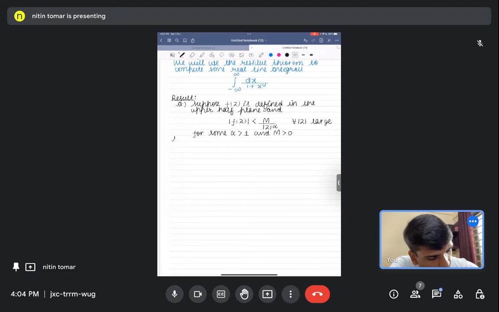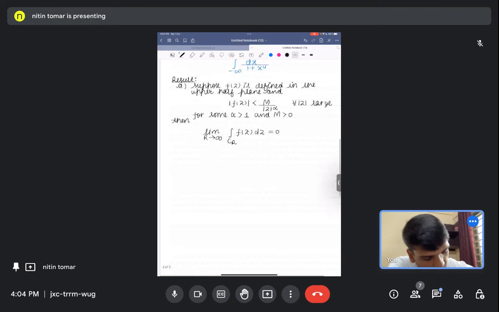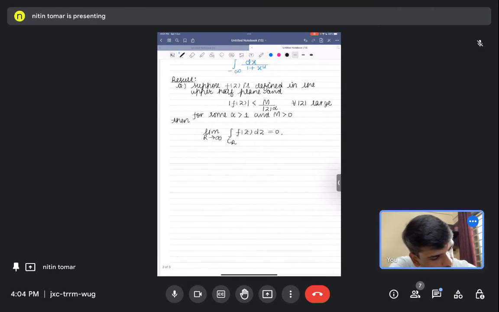Then the limit as R goes to infinity of the integral over C_R of f(z) dz is 0, where C_R is the semicircle. Where is the semicircle?